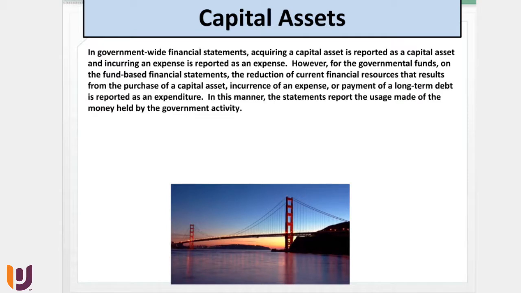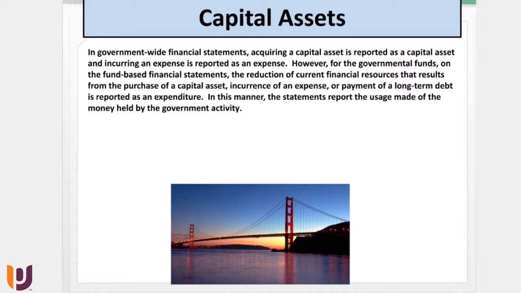In government-wide financial statements, acquiring a capital asset is reported as a capital asset and incurring an expense is reported as an expense.